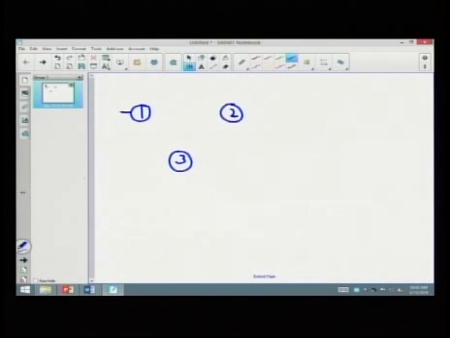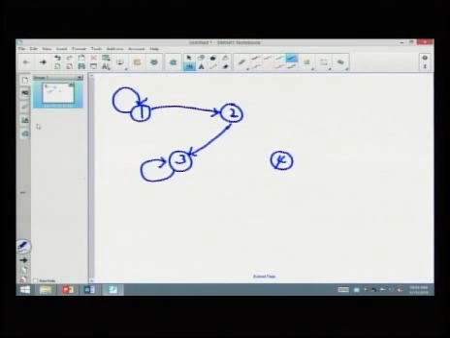Maybe we have this transition and this transition, and then let's say this transition, and let's say we have another transition here, and we're going to have another transition 2 to 4, and let's have this too.